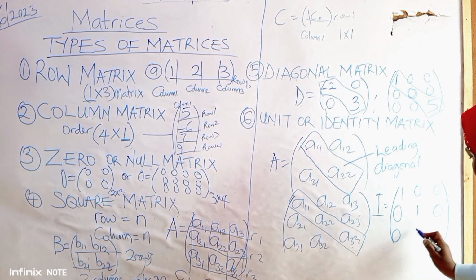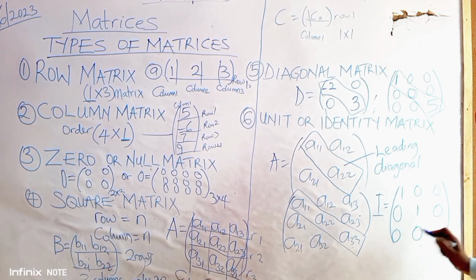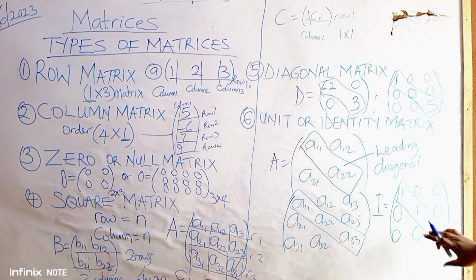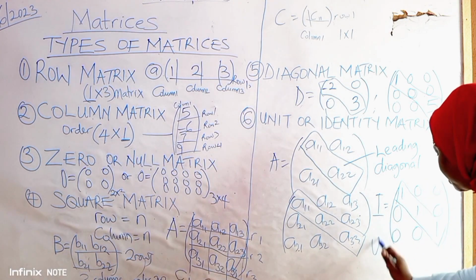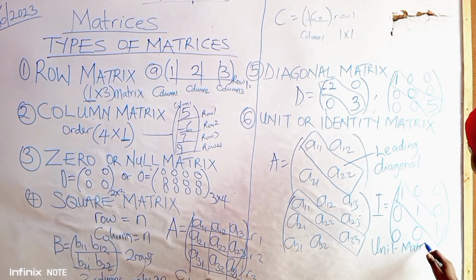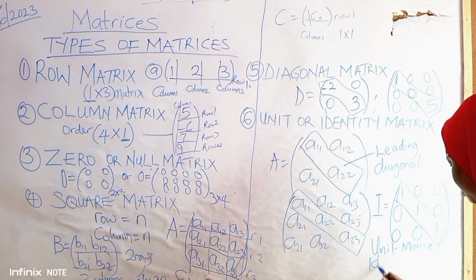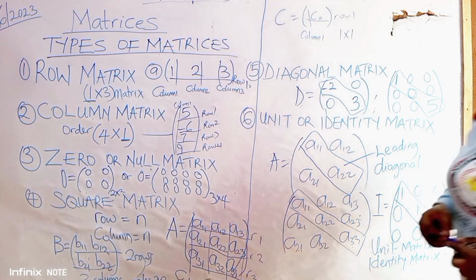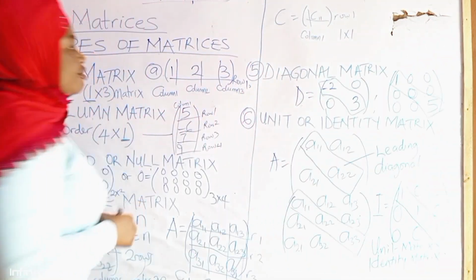A31 will be 0. A32 will be 0. A33 will be 1. So you can see that in the leading diagonal, everything is 1. So this is an example of a unit matrix, or you call it an identity matrix. So those are the types of matrices that we have.